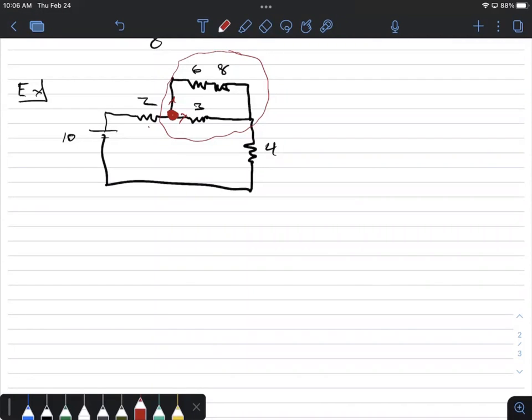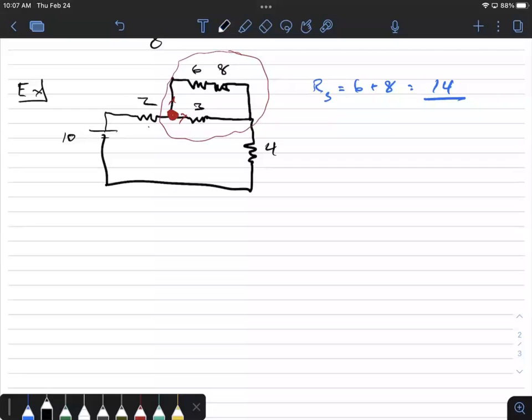If an electron hits the 6, it must hit the 8. There's no avoiding it. Likewise, if it hits the 8, it had to have come from the 6. So because of that, the rule tells me, okay, the 6 and the 8 are in series. So let's add them. Our series is 6 plus 8, which is 14.